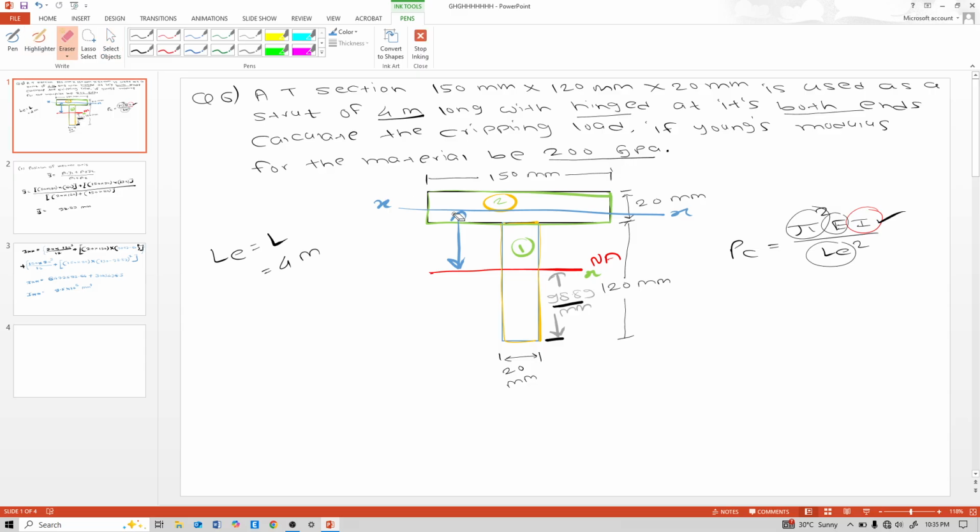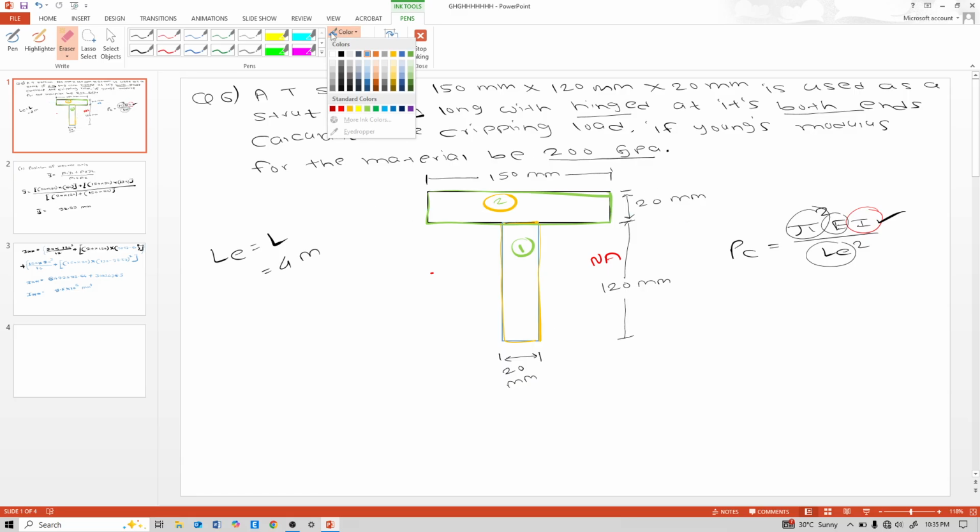Now focus on that part. Why are we finding both moments of inertia, x and y?